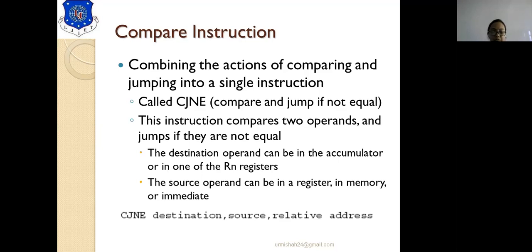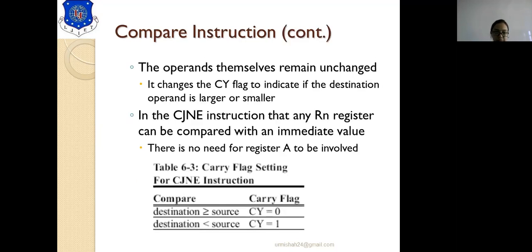CJNE, after that you will write the destination operand, then the source operand and then the relative address where you have to jump after the condition is satisfied. Compare and jump if not equal. The operands here will remain unchanged. It changes the carry flag to indicate if the destination operand is larger or smaller.